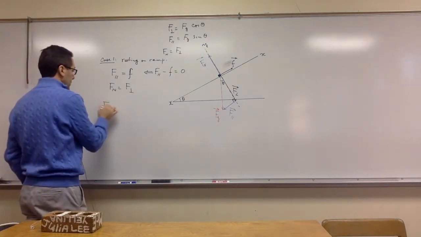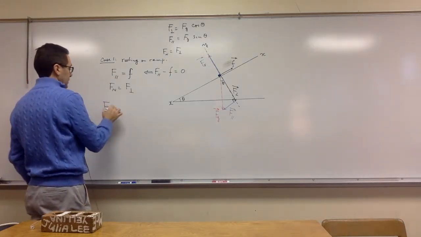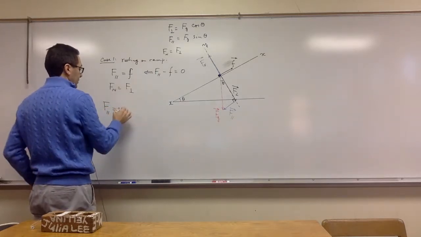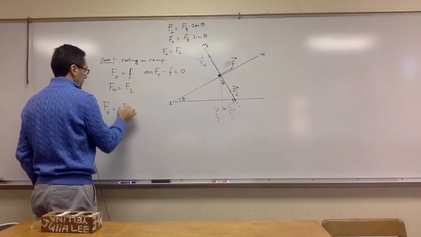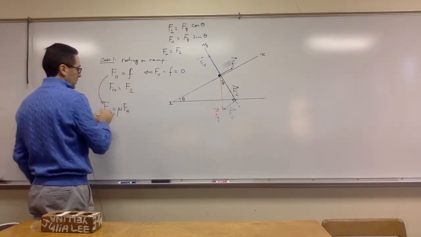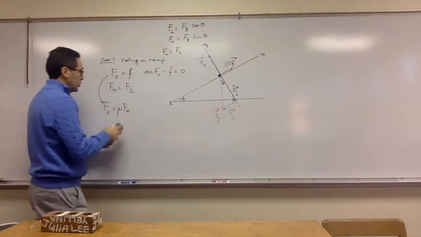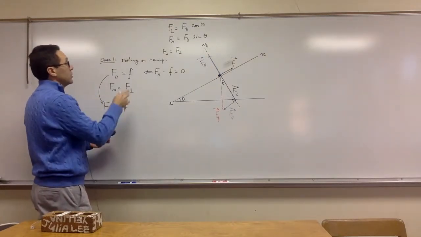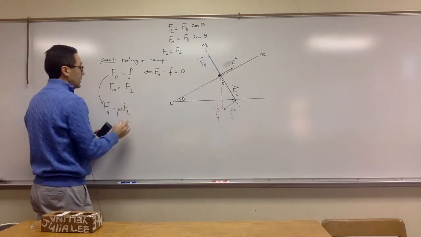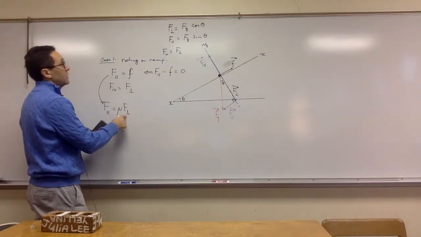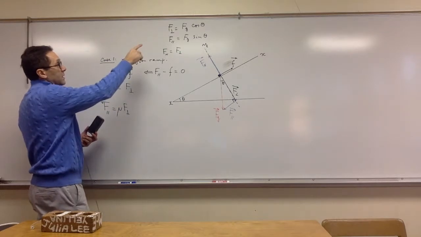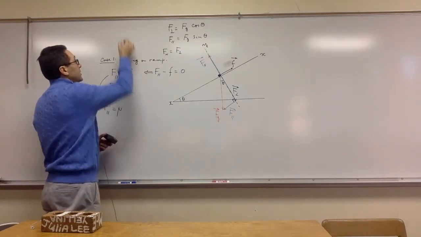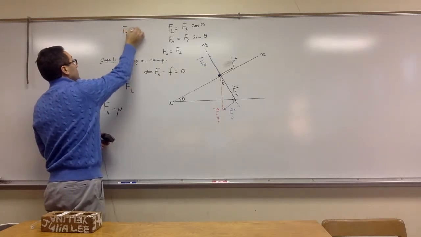So let's see what we can do with this. F parallel is equal to mu Fn. And Fn is just the perpendicular component, which is right here. And you can see that the perpendicular component is Fg cosine theta. So I'm going to write this as, well, Fg is also equal to mg.